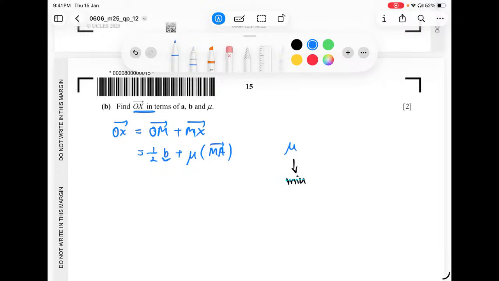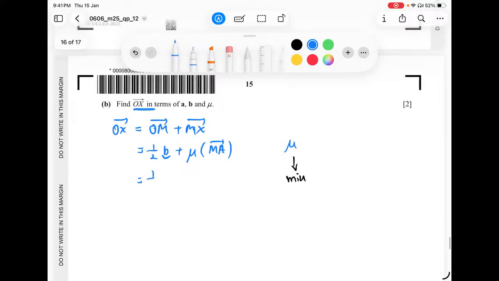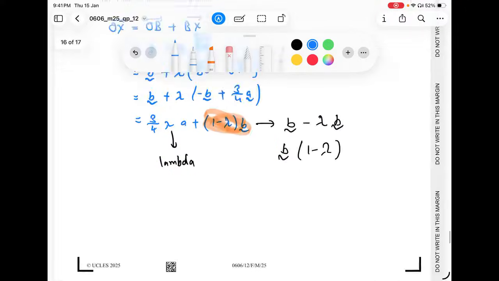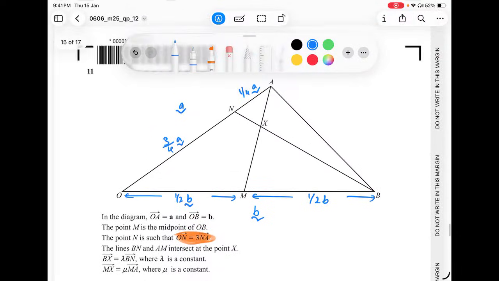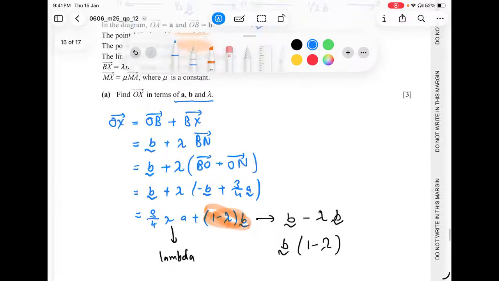So this is mu. And now half B, you can think of MA now. You can see the same thing as for MA. It's going to be MO plus OA.